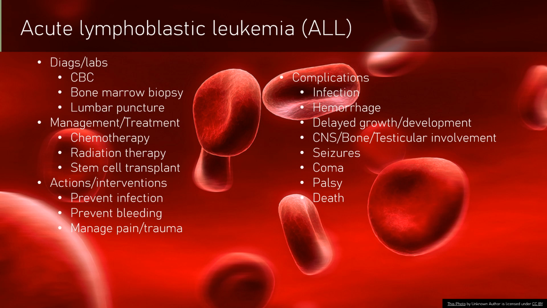And we want to try to maintain and manage pain and trauma. So they're going to have peripheral neuropathy, headaches, abdominal pain, neck pain, leg pain, and nausea and vomiting, all due to chemotherapy. So we're going to provide them with analgesics and pain meds, hot and cold compresses depending on what they want, narcotics as needed, distraction.